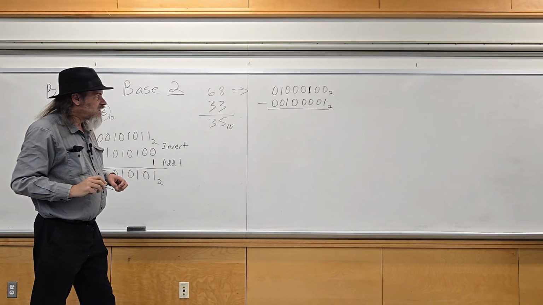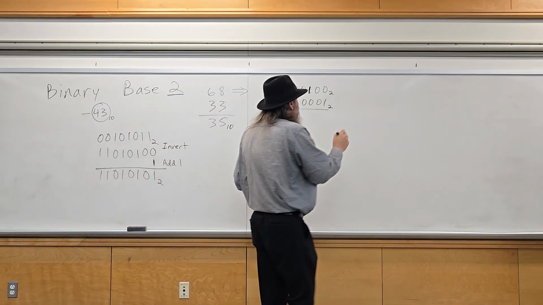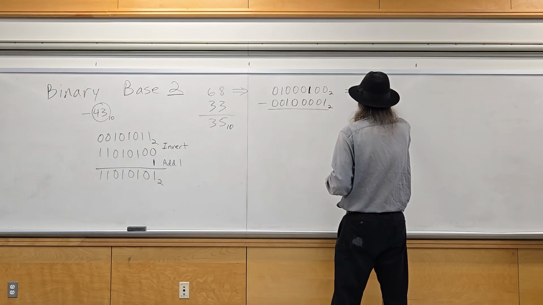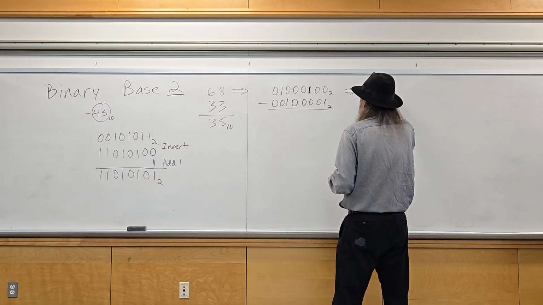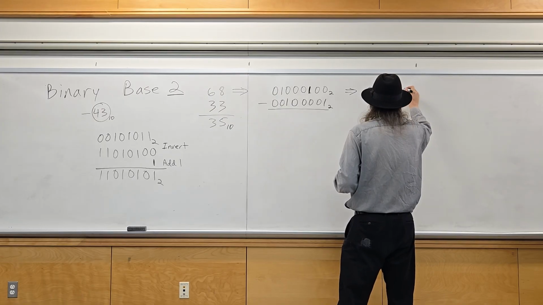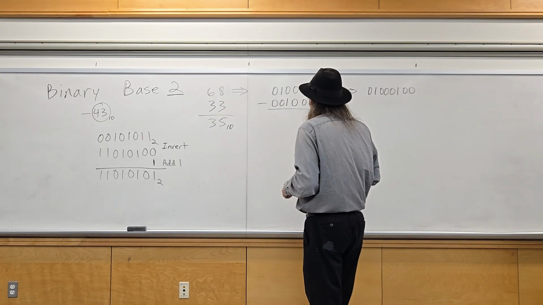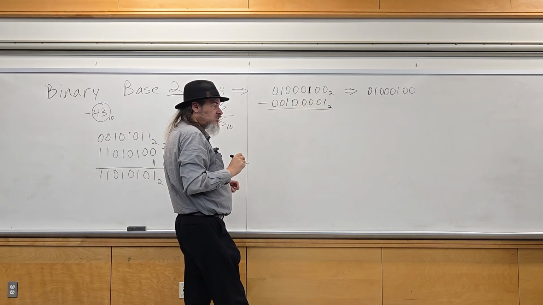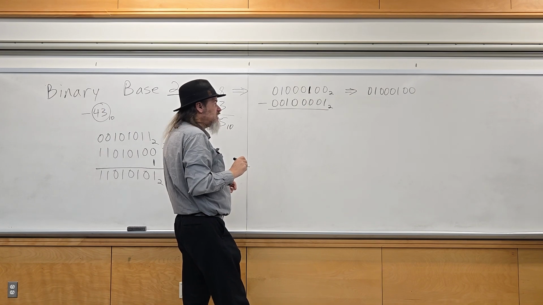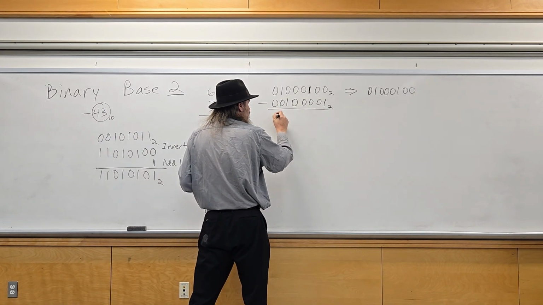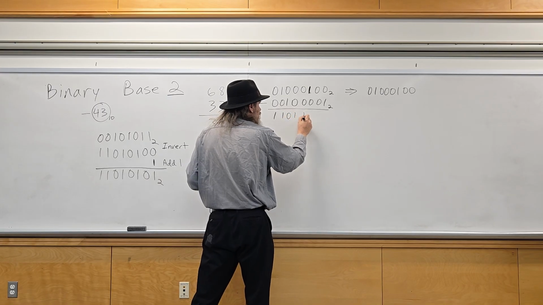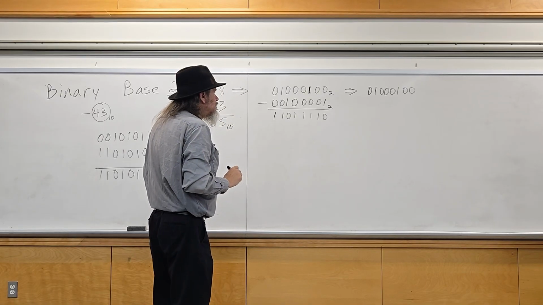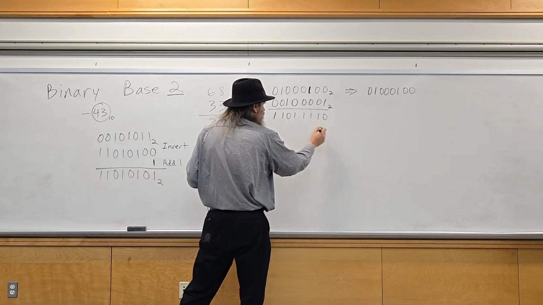Okay? So what you do is you move this over. So 0, 1, 0, 0, 0, 1, 0, 0. And then convert this to a 2's complement negative number. So you invert the bits, 1, 1, 0, 1, 1, 1, 1, 0. Then you add 1.